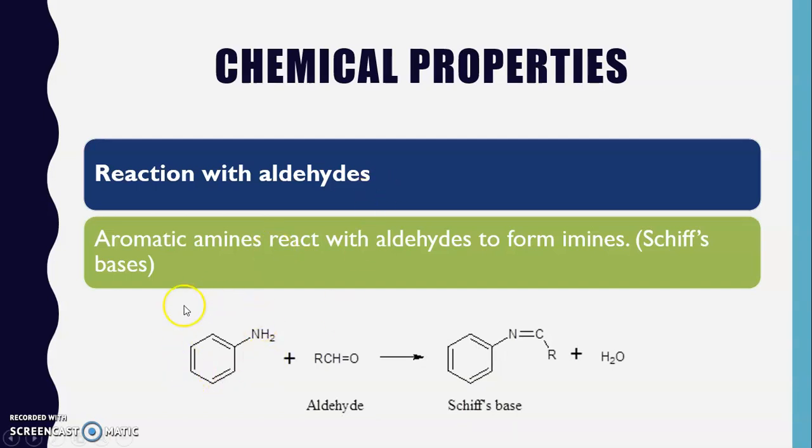So aniline, that is the primary aromatic amine, on reaction with the aldehyde, here this hydrogen atom, that is the H2, will combine with the oxygen, which leads to the formation of H2O as a byproduct, and this carbon atom is double bonded to the nitrogen atom.